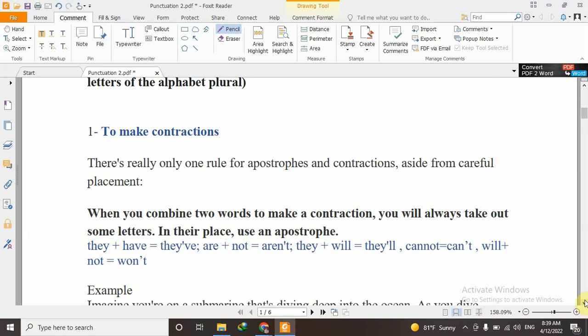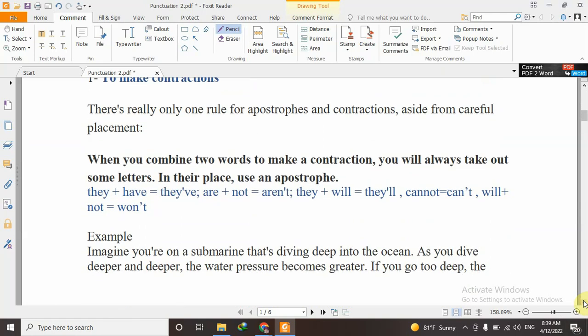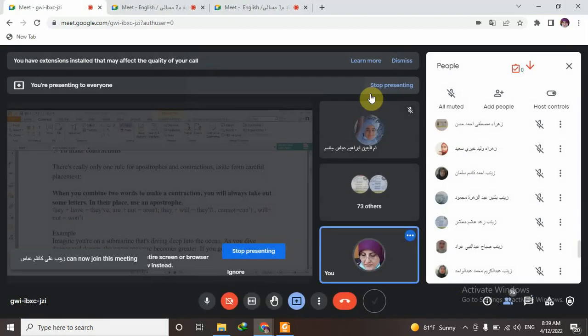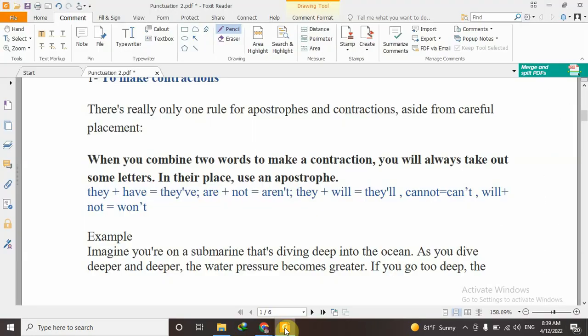Now let's talk about the first use, which is to make contractions. There is really only one rule for apostrophes and contractions, aside from careful placement. You learned it in primary school, in the fifth primary class: how to use contractions. For example, we have they plus have.